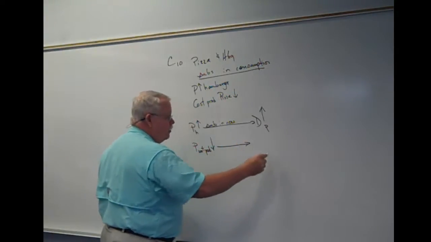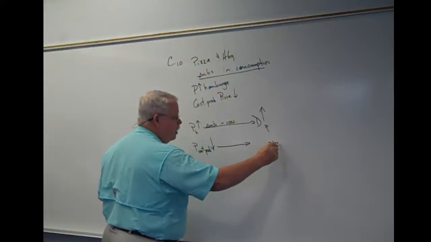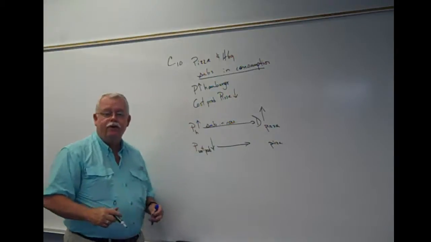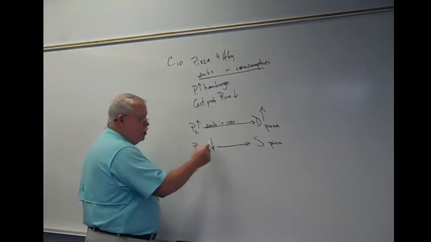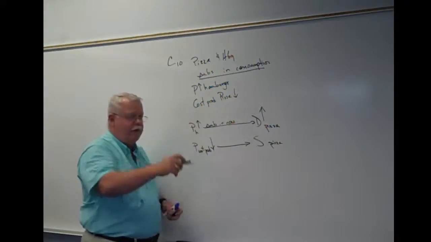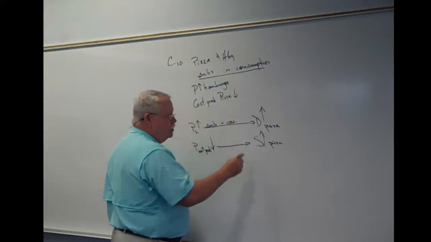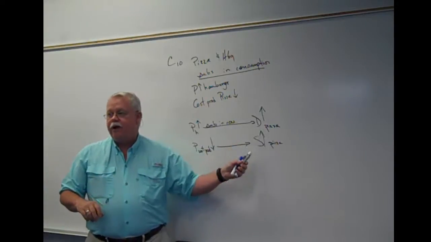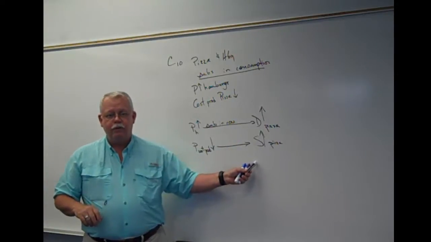What curve is affected? Cost of production moves the supply curve. If cost of production is lower, what happens to supply? Increase. We produce more of it. So these are the two things going on. If you don't identify this correctly, you'll never get through the question.